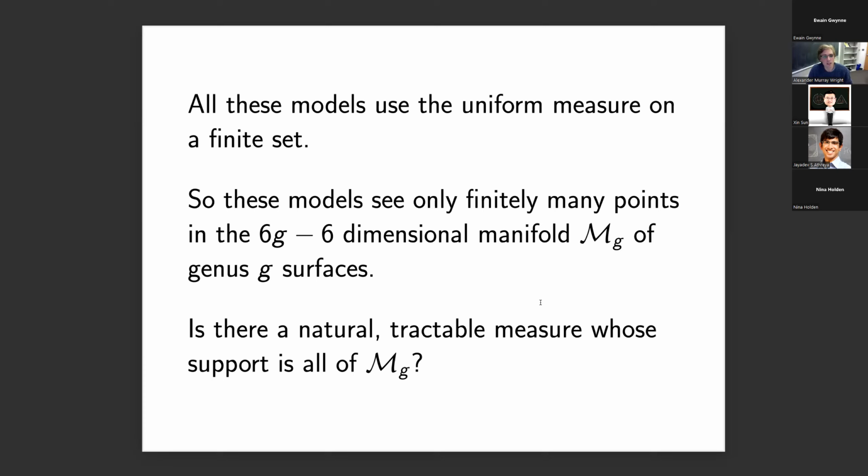And I would say that they're sort of trying to, in some sense, avoid the surface geometry by reducing to a discrete problem rather than really embracing the surface geometry. So anyways, alternately, you might ask if there's some sort of natural probability measure whose support is the whole moduli space.